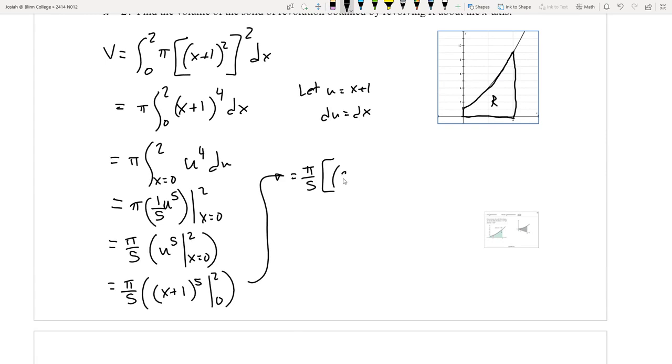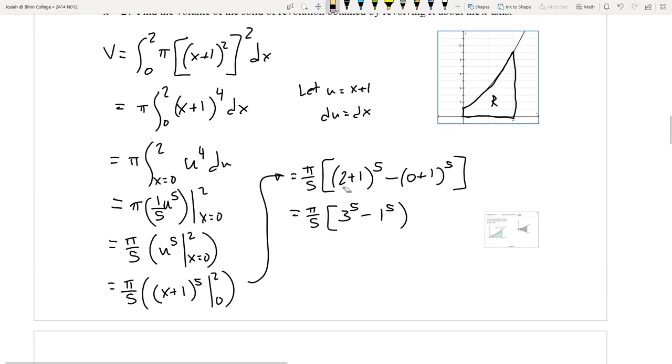We get (2 plus 1) to the 5th minus (0 plus 1) to the 5th. And so we have, let's see, it looks like 3 to the 5th minus 1 to the 5th, and I don't really need the brackets anymore. I can change them back to parentheses. 3 to the 5th: I know that 3 to the 4th is 81, so 3 to the 5th should be 243.